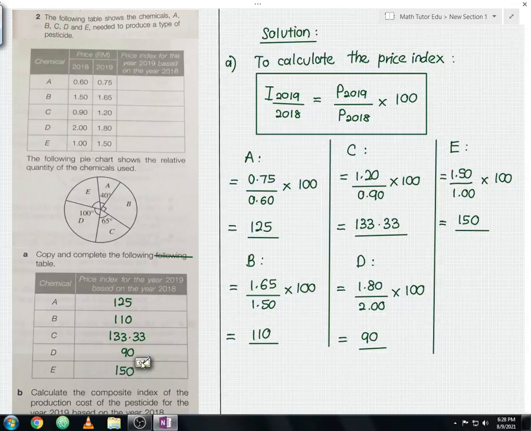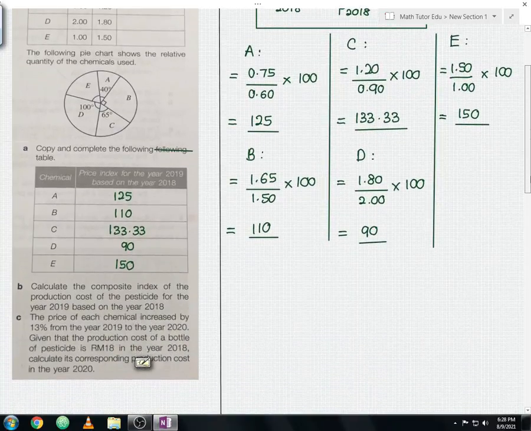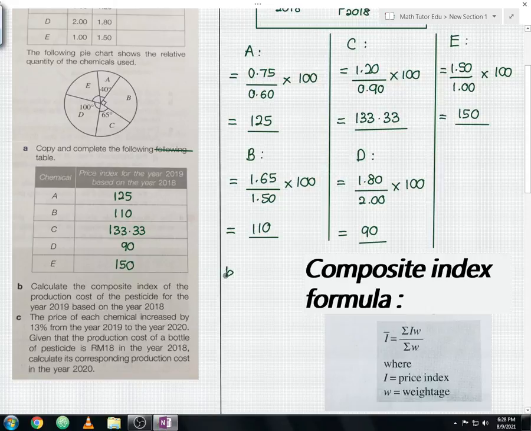Let me scroll this down. The only difference between the price index and the composite index is that you have a bar over here. So that is the difference, guys.